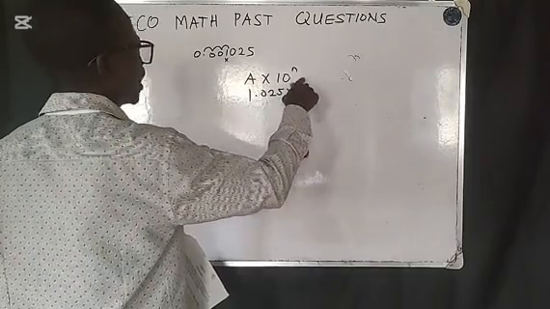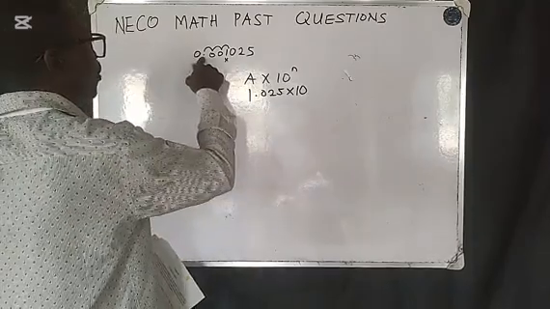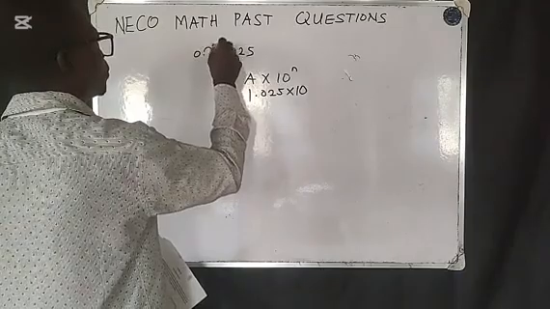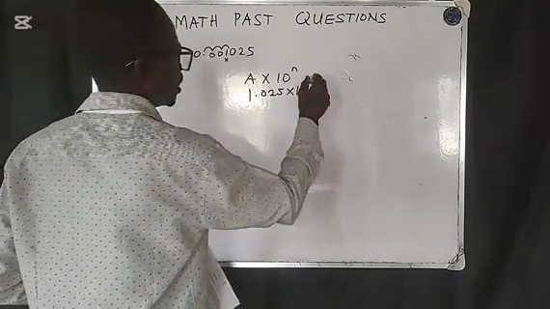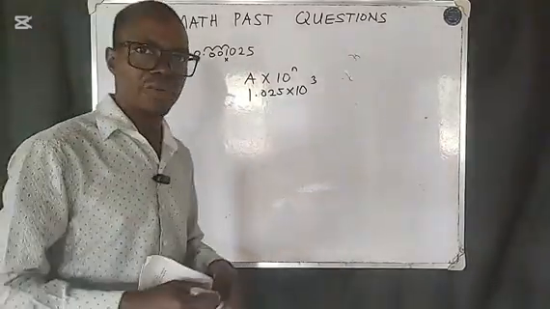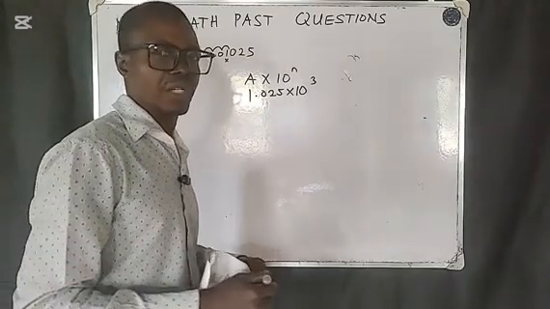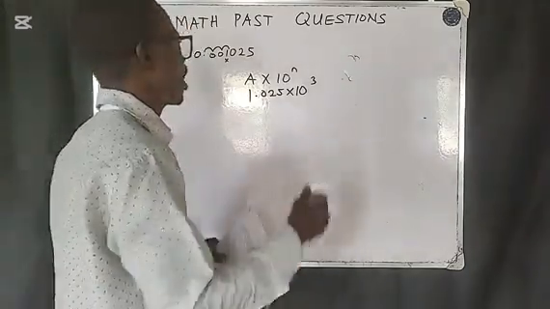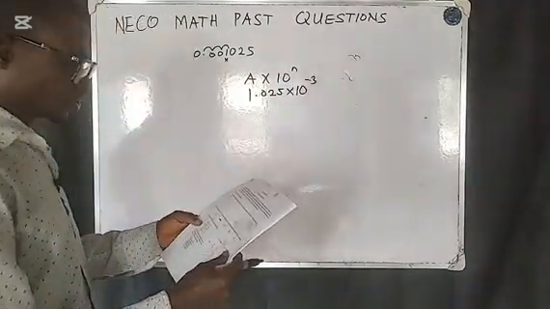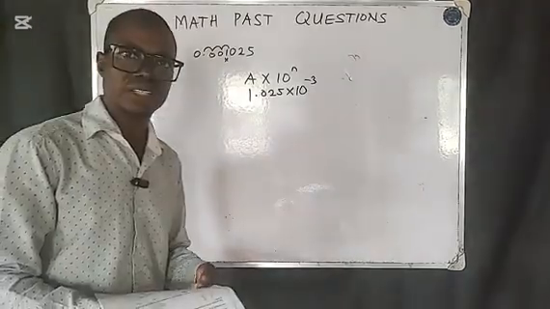Let's check that power. How many times do we move the point from here to here? We move it 1, 2, 3, three times. Because the number is less than 1, a number that begins with 0 is less than 1, our power will be negative. And that is option C. Option C is the correct option.